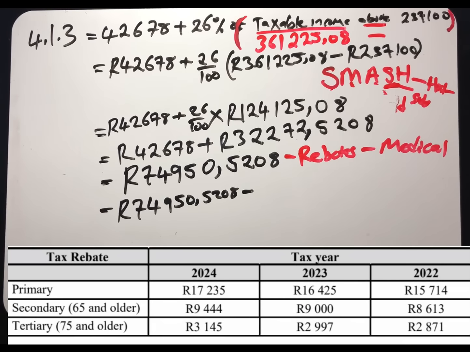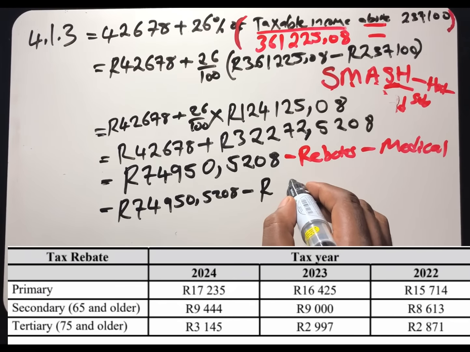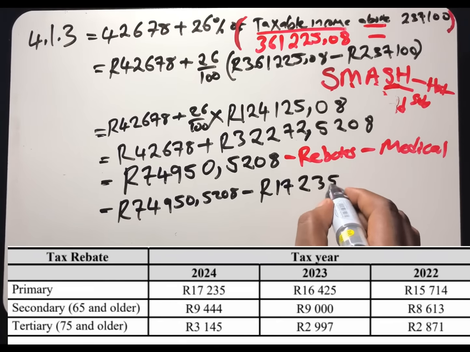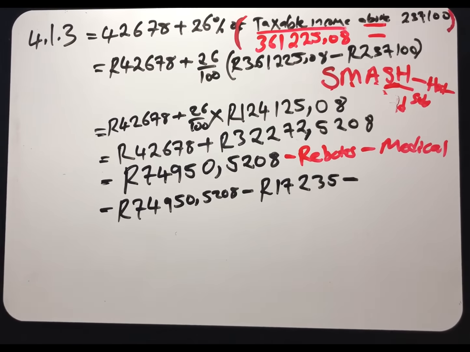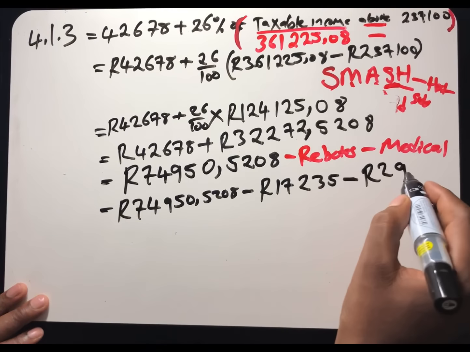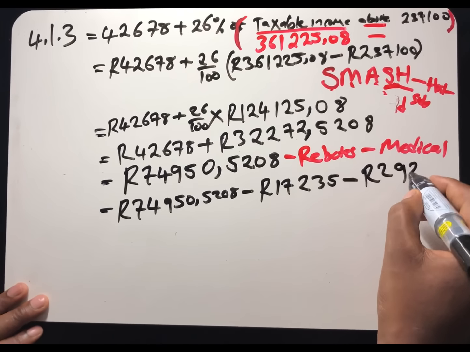The age of the person is 32 years, meaning that he qualified for the primary rebate only. Under the year 2024, the relief was 17,235, minus medical aid. We calculated medical aid in question number 2, and it was 29,280.